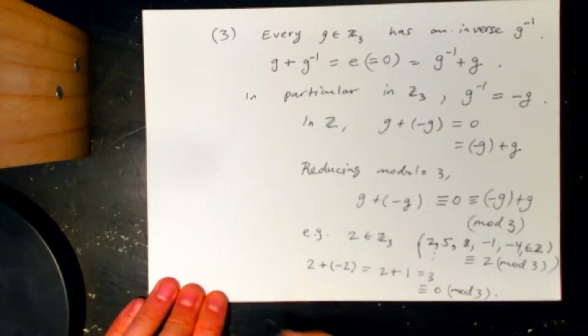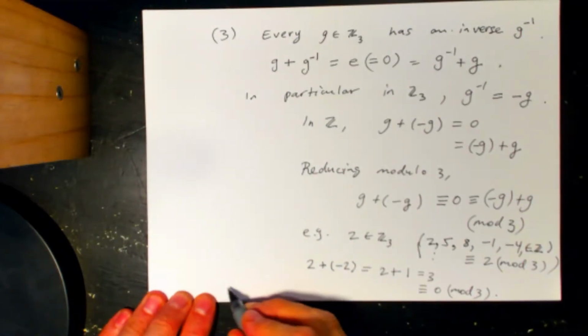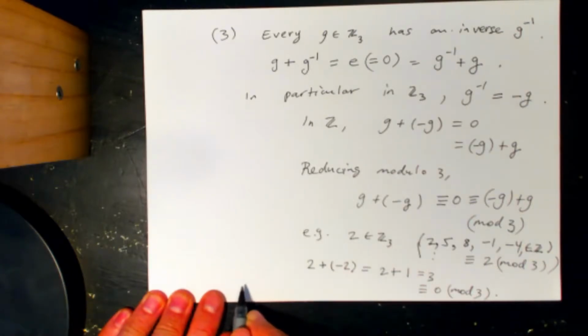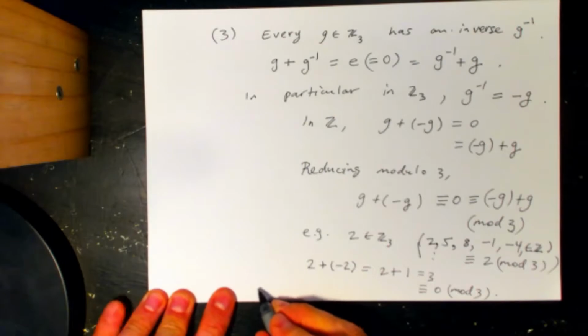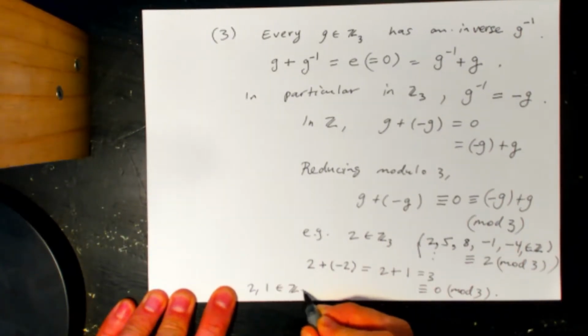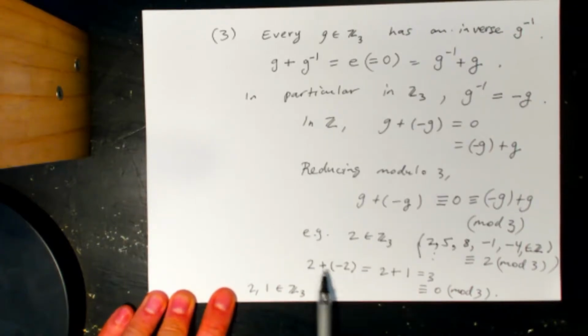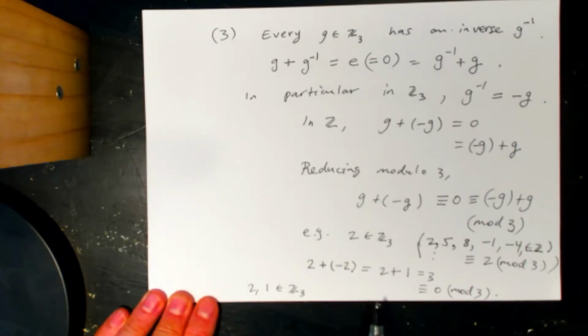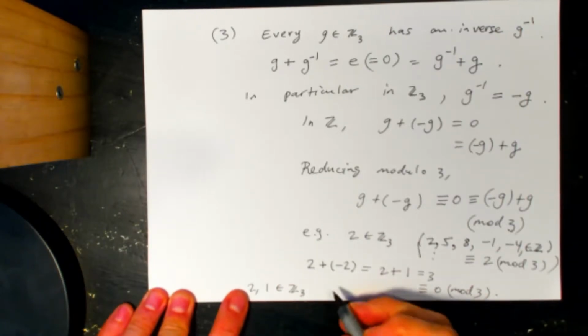Okay, so what I want to say here is that 2 corresponds to 1, and 2 and 1 both belong to integers mod 3. Now it works the other way around as well, because 1 plus 2 is equal to 3, which is congruent to 0 modulo 3. Now, so 2 has an inverse.